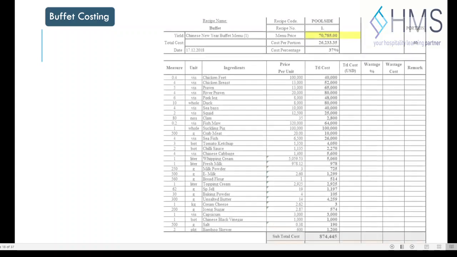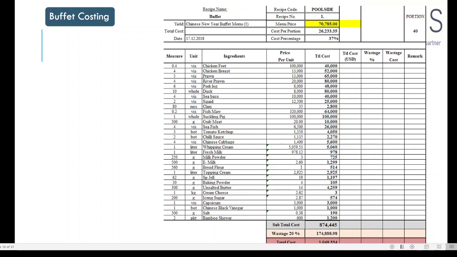So the way of doing the buffet costing is that you normally have a standard buffet for a fixed number of items, right? This sample that you see on the screen is a buffet for 40 people, right? So let's say you know that in your weekly Sunday brunch, or in the breakfast, you have 40 to 50 people or 100 people.